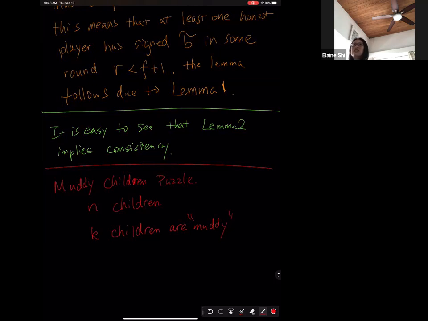If the other kid didn't step forward in the first round, it must mean that that muddy kid also saw someone muddy. So that means if no one stepped forward in round 1, there must exist at least 2 muddy kids. So now in round 2, because I saw only one other muddy kid, I know that I'm muddy too, and that I would step forward. And you can do this inductively for any k.